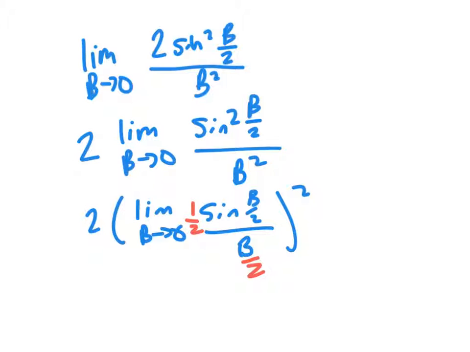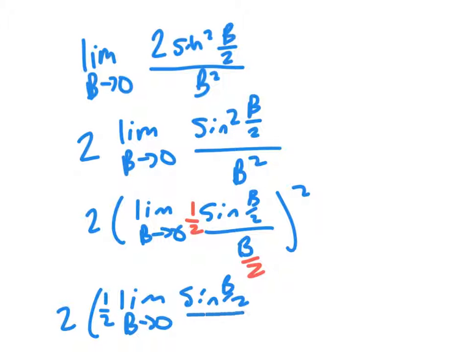Okay, and then we can write this as 2 times the limit as beta approaches 0 of, I'm going to factor out the 1/2, sine beta over 2 over beta over 2, and that's squared.